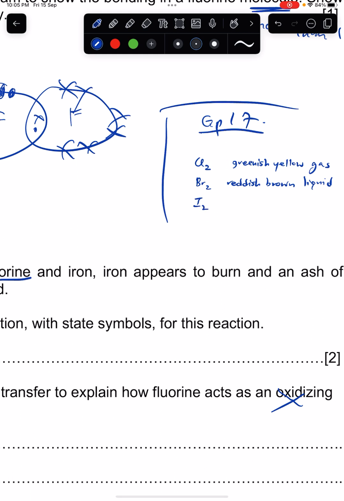Next one is iodine, a purplish black or black solid. So if you check, fluorine is above. Do you think fluorine is going to be a liquid then? The trend is from gas to liquid to solid, right? So this is actually a gas as well. And what if they ask you astatine right below it? Should also likely be a black solid. You can't get anything blacker than black, right? So it's just black solid.